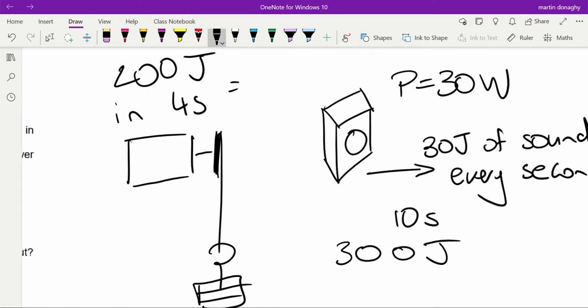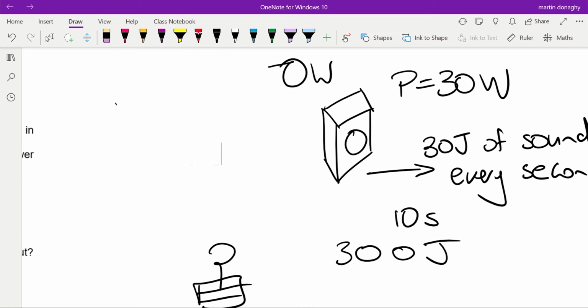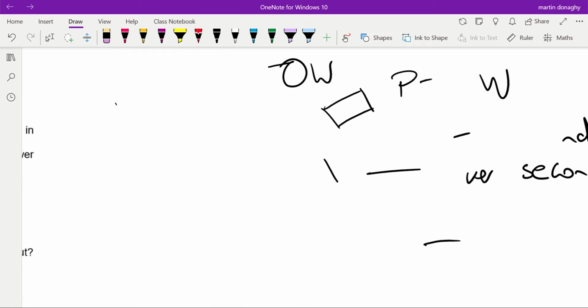Well, we could say its power output is 200 joules in 4 seconds, but really it's easier to compare everything fairly. So what we do is we say how much energy it's transferred in 1 second. So we divide the 200 by 4 and say that that is 50 watts. So our equation for power is that it is the energy transferred divided by the time.